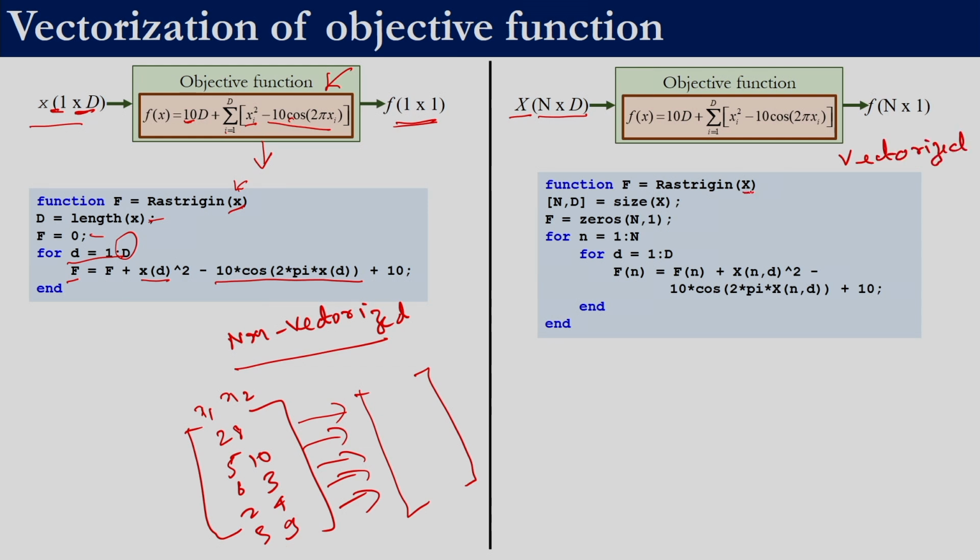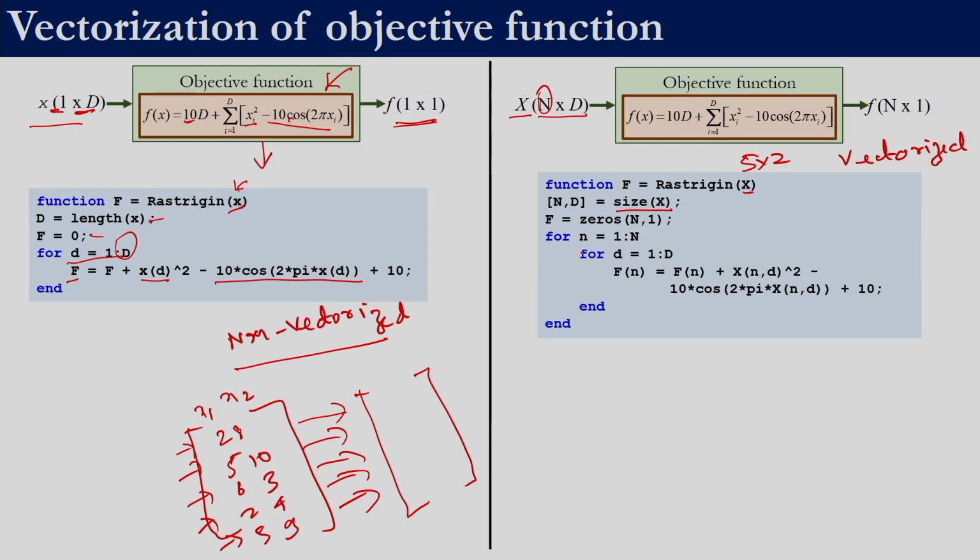So here x has rows as well as columns. How many rows does it have? It has n rows. Each row corresponds to a solution. In this case if we feed this, this will be a 5 cross 2 matrix, and the 2 columns correspond to the 2 decision variables. First we find out the size of x, so the number of rows and number of columns.